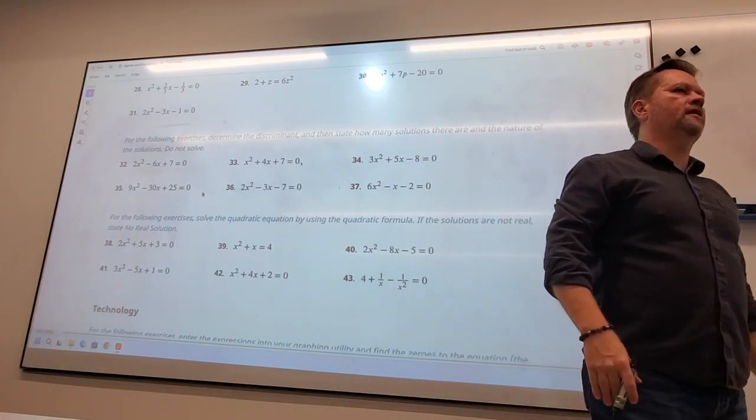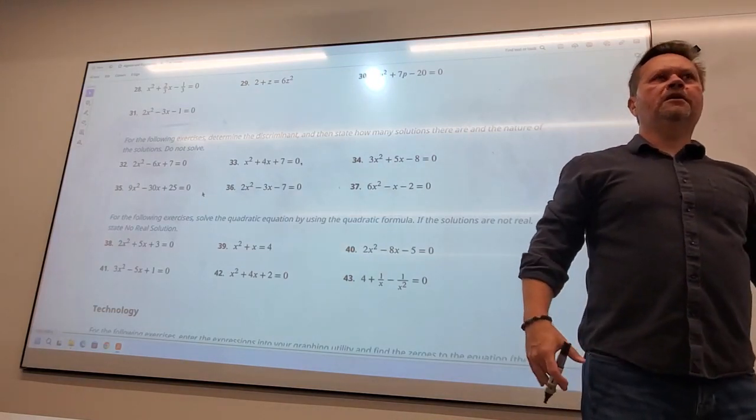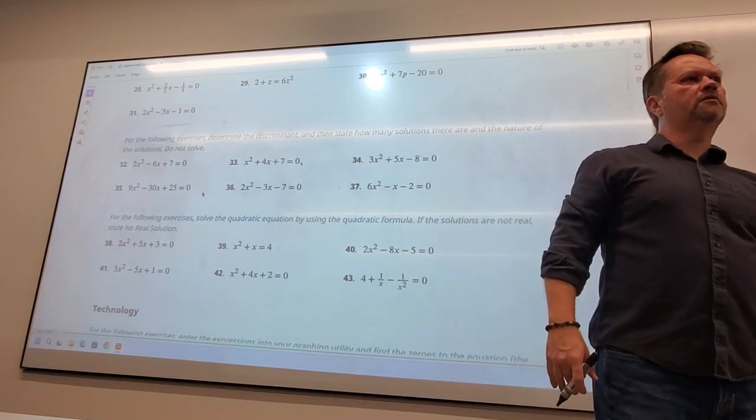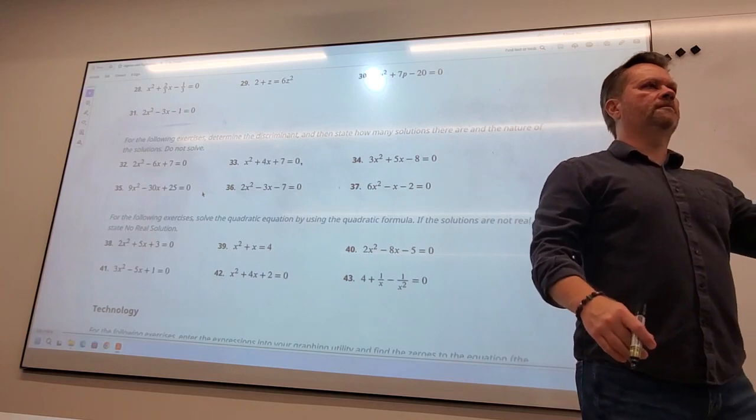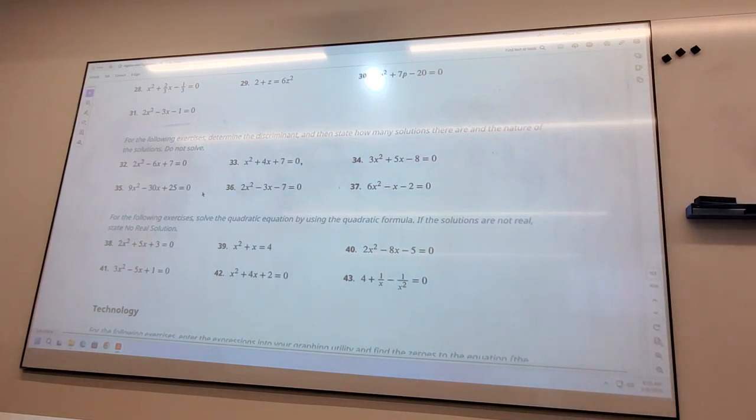What part of this tells me if it's going to be real or complex? Where would complex come from? The radical. B squared minus 4ac. Do you all agree that if you tell me what a, b, and c are, b squared minus 4ac is just a number, right? If that number is positive, what kind of answer am I going to get?